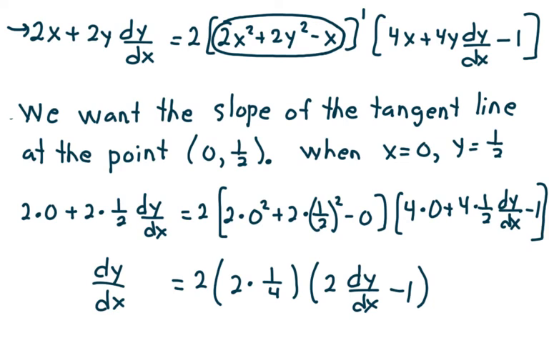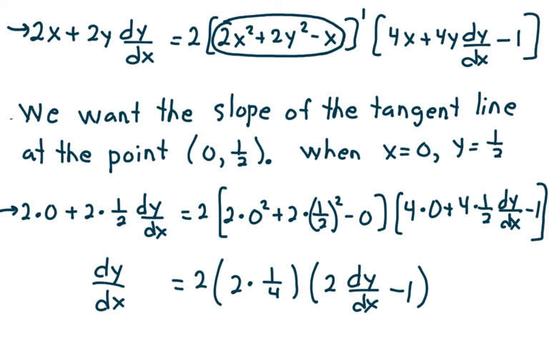And so if you notice, 2 times 0 plus 2 times 1/2 dy/dx is equal to 2 times the quantity 2 times 0 squared plus 2 times 1/2 squared minus 0, times the quantity 4 times 0, x is 0, right, plus 4 times 1/2 dy/dx minus 1. Okay? It's much easier to solve for dy/dx on this line compared to solving for dy/dx when there's a lot of x's and y's involved.